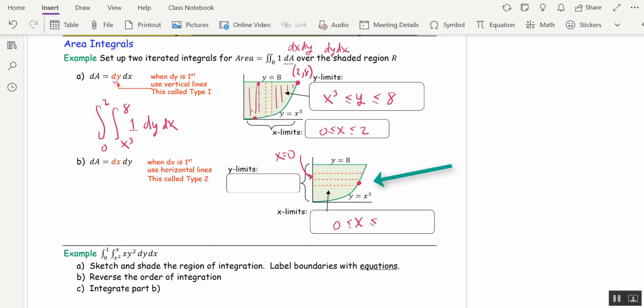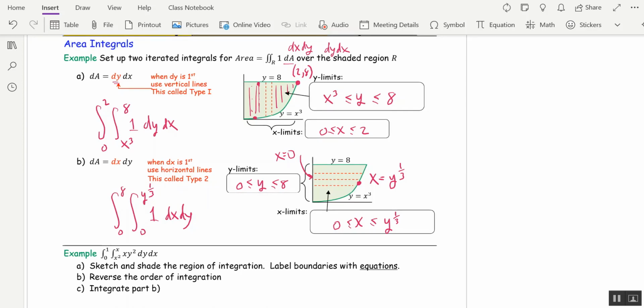Now we have to solve, instead of y equals x cubed, we solve for x equals y to the 1/3. So they leave at y to the 1/3. And then the y limits on this one are pretty easy. You can see y starts at 0 and it stops at 8. So this one's going to be 1, we're going to go dx first and then dy, and x goes from 0 to y to the 1/3, and y goes from 0 to 8.